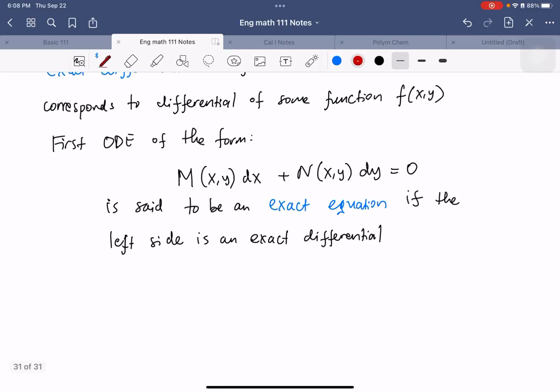So now the question, how to make sure that it's an exact differential, practically what we did before. We make sure that they both are the same when we differentiate with x and differentiate with y. Okay.